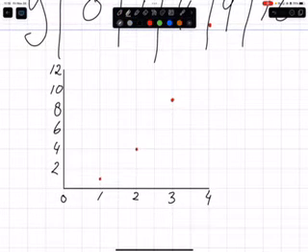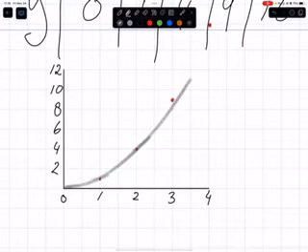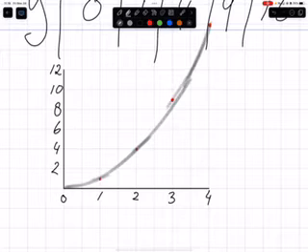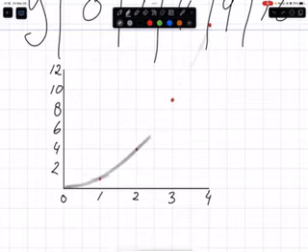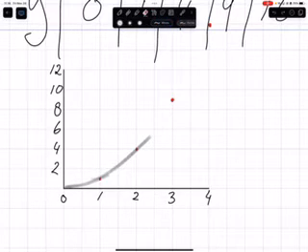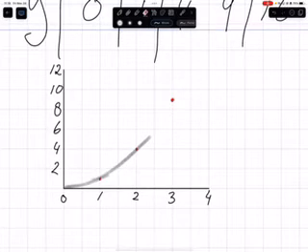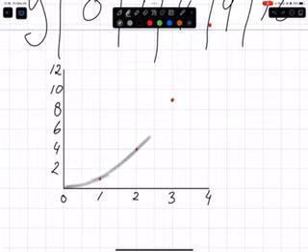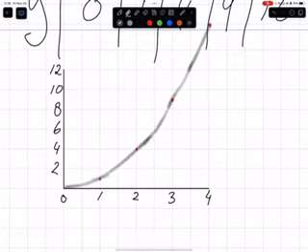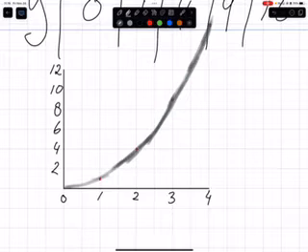Remember, it's not a straight line. Let's do it like this.